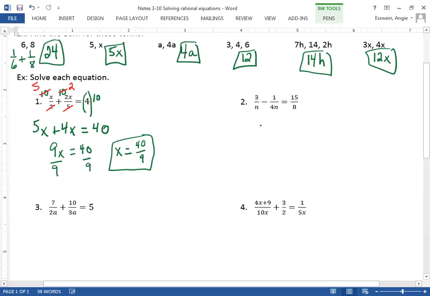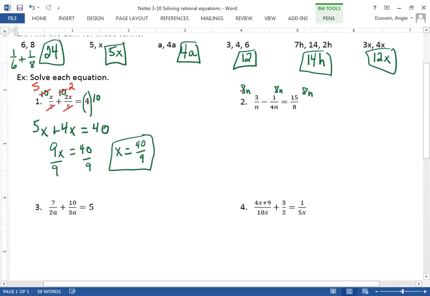All right, next. N, 4n, and 8. What can I use so that all those will cancel out? 8n, you got it. So write 8n next to each term, 8n, 8n. And then start canceling things.